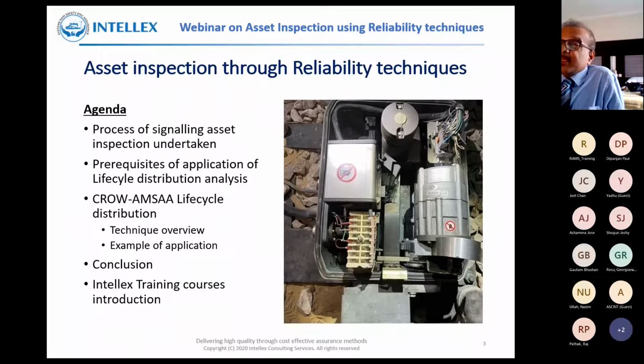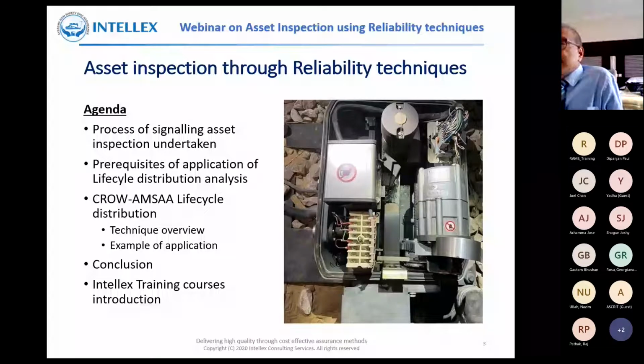agenda for today is how the process of signaling asset inspection is undertaken usually. And if you want to use reliability techniques specifically, I mean life cycle distributions, which is like Weibull, and there are other kinds of distributions. What are the prerequisites when you can use it?